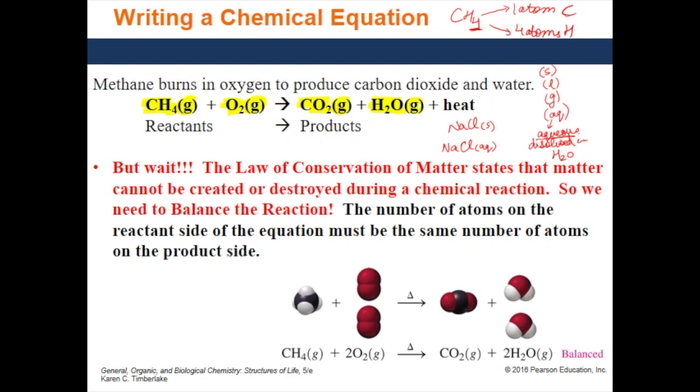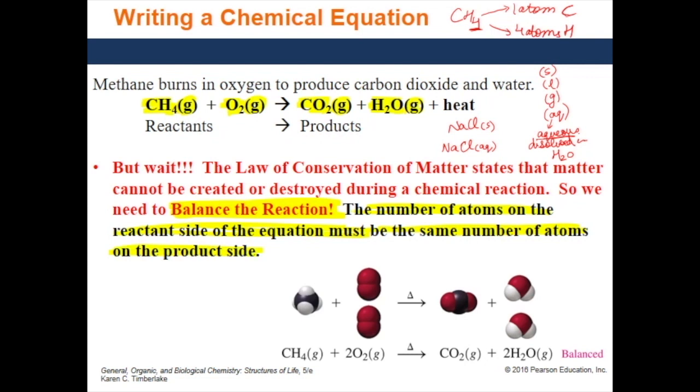Now the last important thing whenever we write a chemical reaction is to balance it. What does balancing mean? Balancing means that the number of atoms on the reactant side of our equation must be equal to the number of atoms on the product side of a reaction.